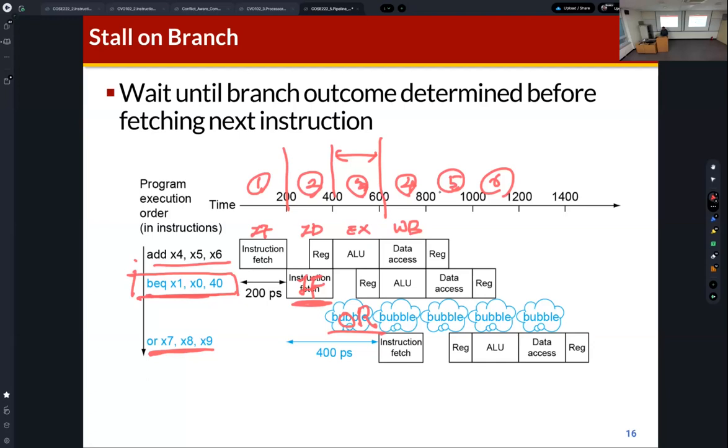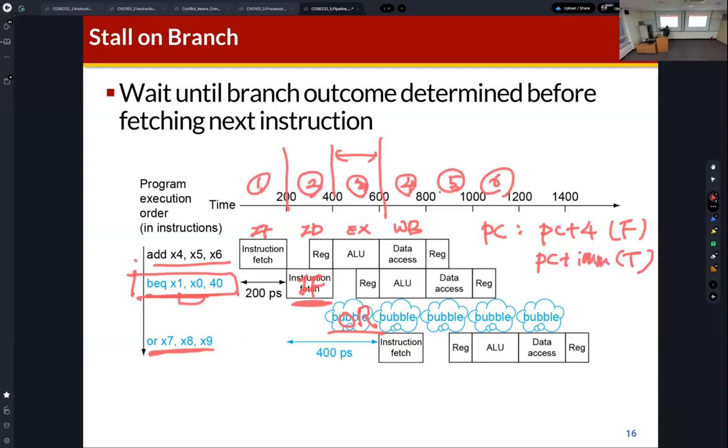Why? Because of the condition of this branch instruction, the next PC can be PC plus 4, the false case, or PC plus immediate, the true case.